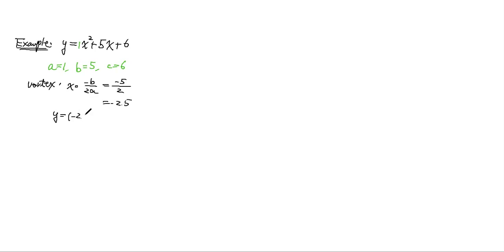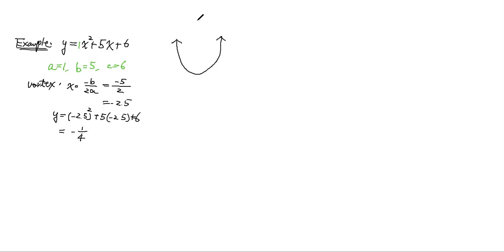So it's negative 2.5 squared plus 5 times negative 2.5 plus 6, right? So this will give you negative 1/4. Because a is positive, you know your graph is going to open upward.